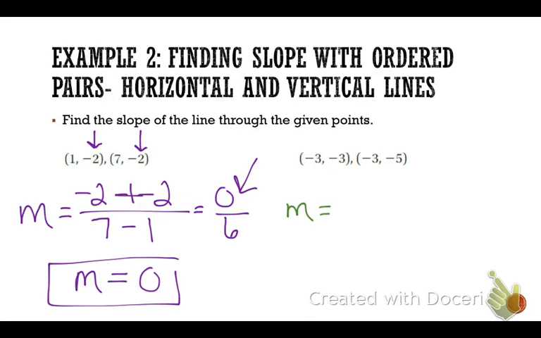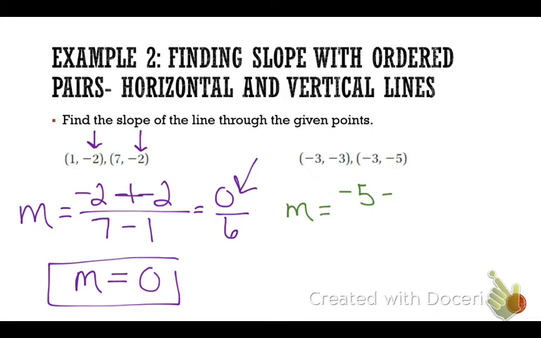All right, can we say our formula together? M equals y2 minus y1 over x2 minus x1. So let's plug in our numbers. Y2, -5, minus y1. Which number is y1? All the other numbers are the same.